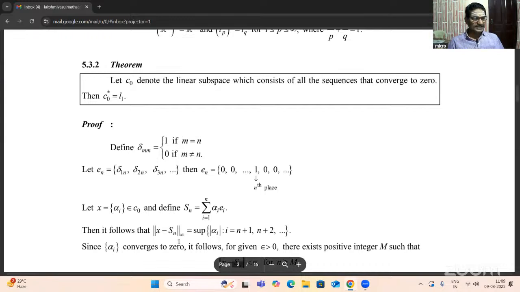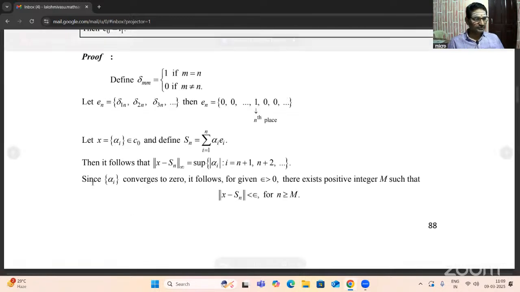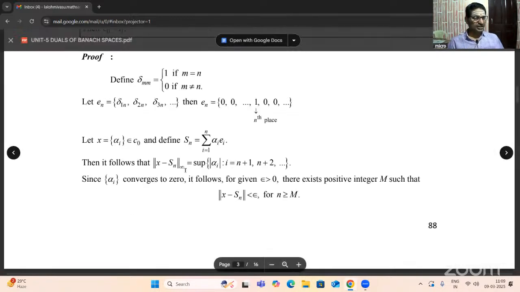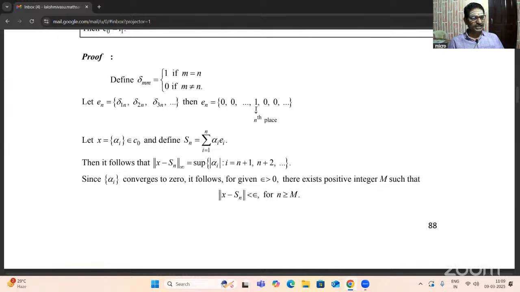So norm of x minus Sn at infinity equals the supremum of mod alpha i, with i varying from n plus 1, n plus 2 and so on. Since alpha i converges to 0, it follows that norm of x minus Sn is less than epsilon.